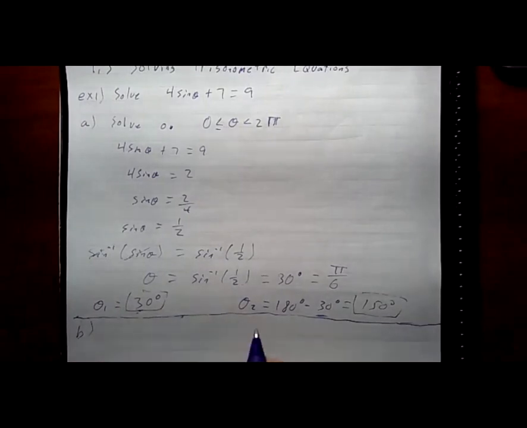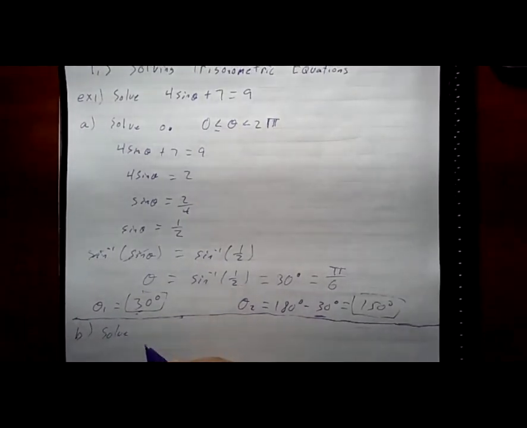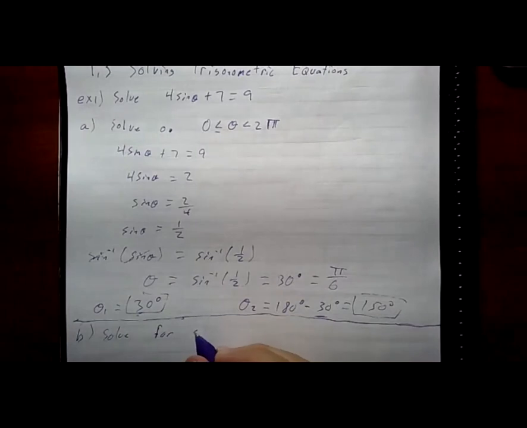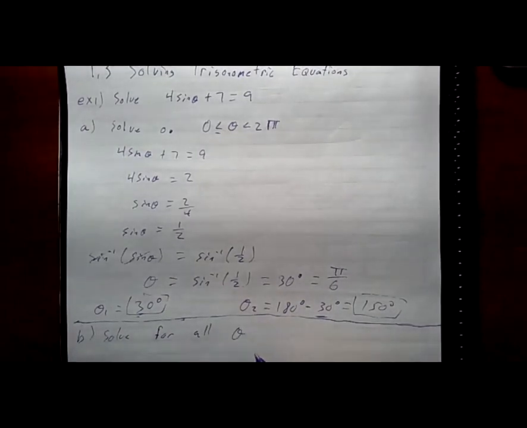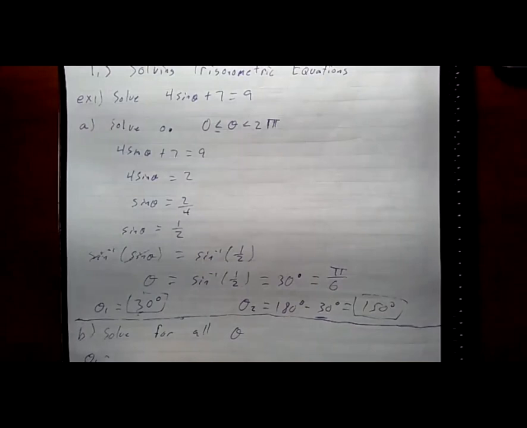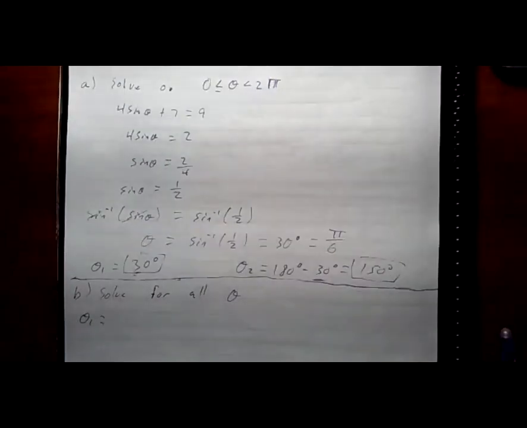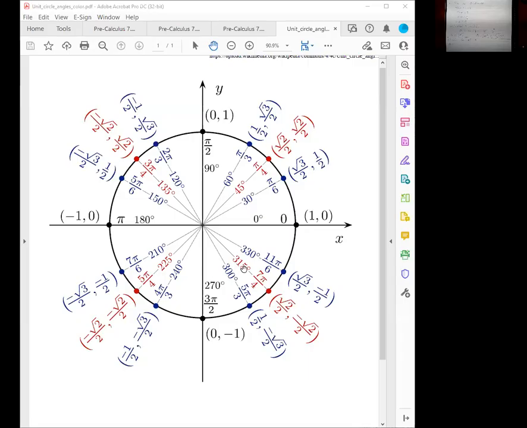So that's for one period. So once you've done it for one period, doing it for all theta, so solve for all angles, all you've got to do is tack on this repeating piece. Before we do that, let me show you what I'm trying to say. You agree that if 30 degrees was a solution, if you add 360, that's another solution.